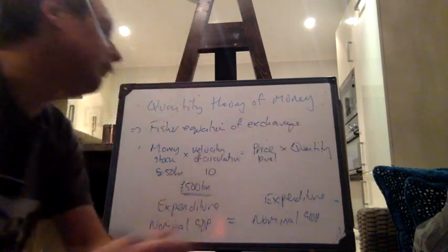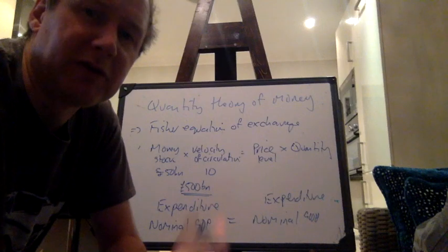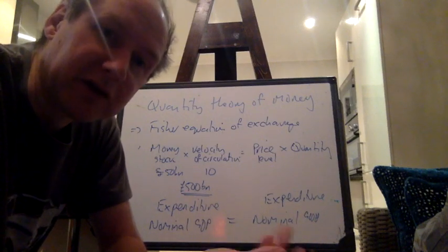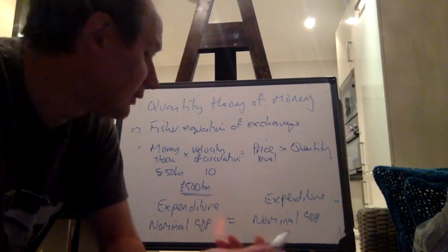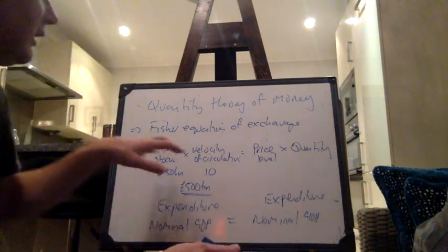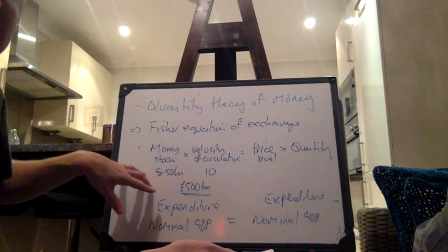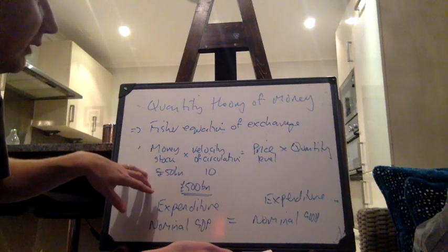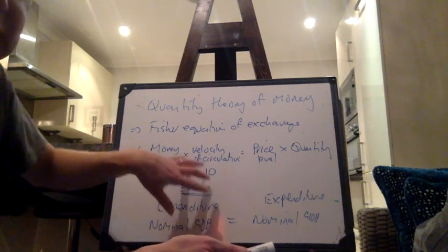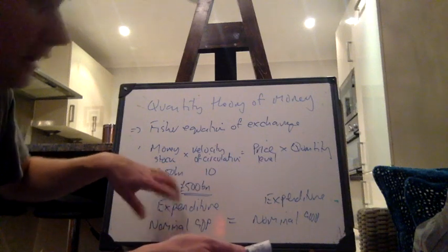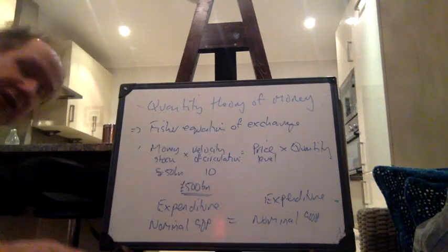So what we're saying is that we can measure GDP in today's prices, which is what nominal means, in two different ways. We could break it down into saying, well, look, 500 billion pounds. If there's 50 billion pounds of money stock, that money stock must have been spent 10 times to make 500 billion. Or we could break it down into price times quantity.